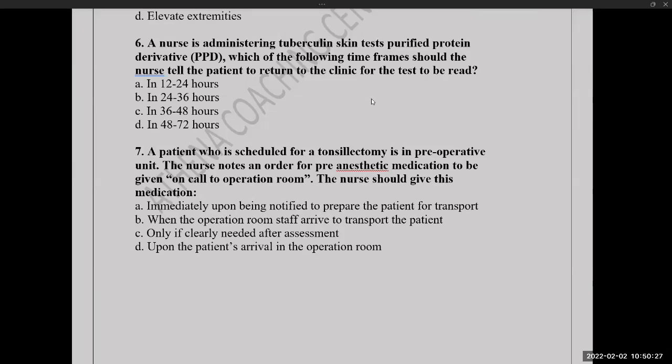Okay, and Neetu, what is the angle for giving this injection? We said it is intradermal, so you have to select the angle for intradermal. Intradermal injection kodukumbo, what is the angle?